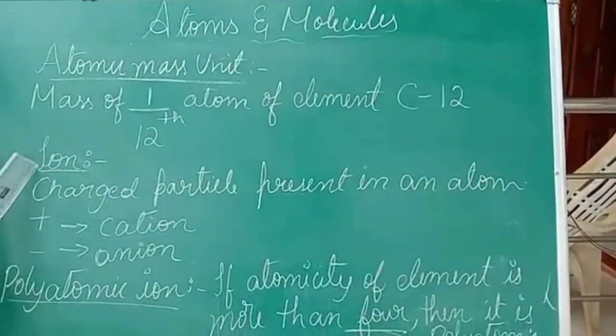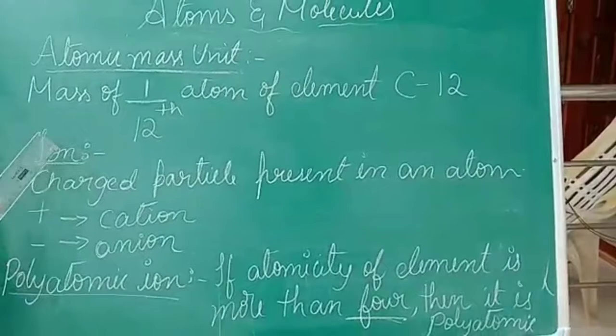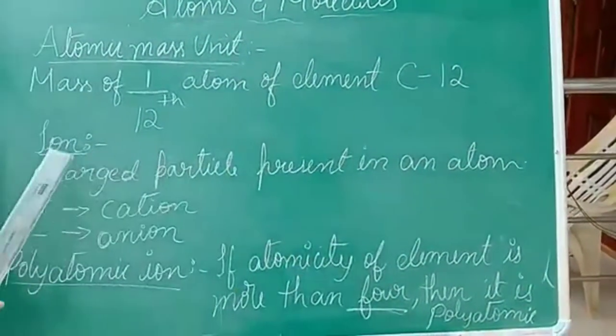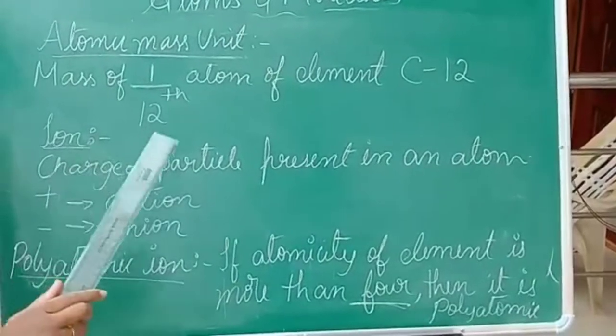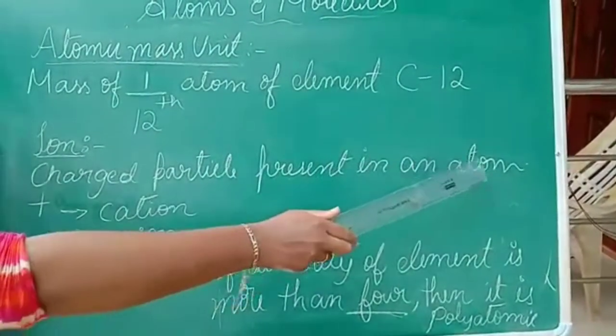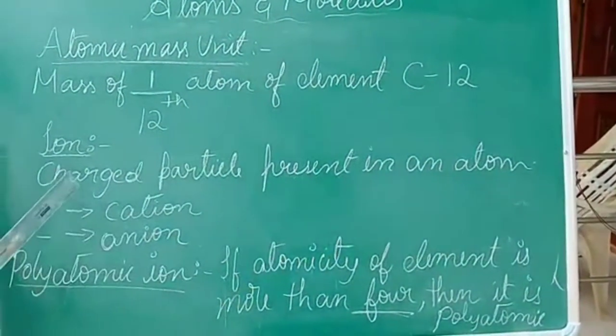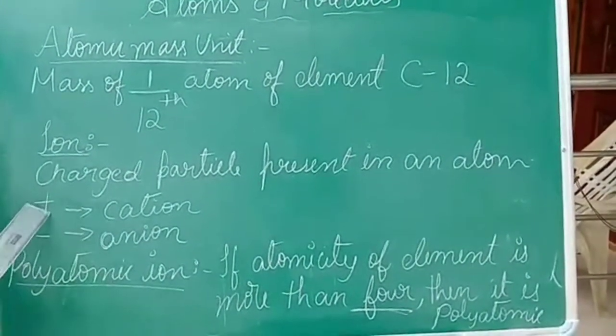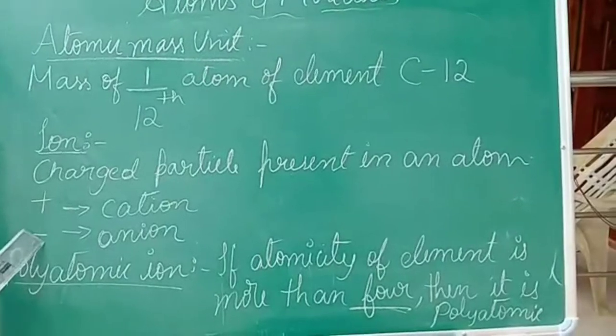So next is ion. What is ion? Ion is a charged particle present in an atom. Now charged particle means what? There are 2 different charges: one is a positive charge and the other is a negative charge.